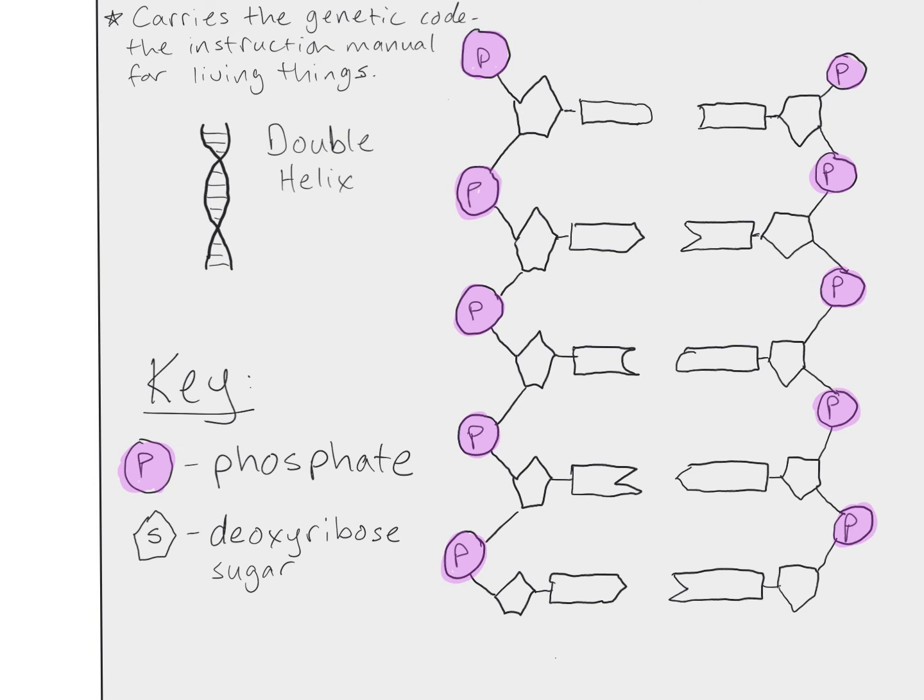So it gets part of its name from that type of sugar that it has in it. So we're going to go ahead and label all of the sugars on our diagram with an S. Okay, and if you'd like to color them, you can use whatever color. I'm going to use yellow for this one.